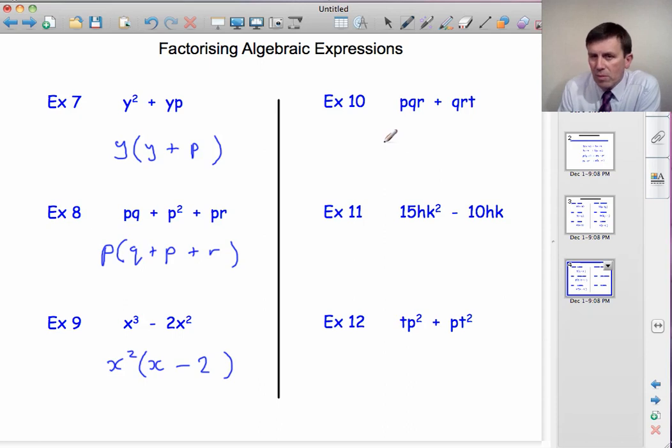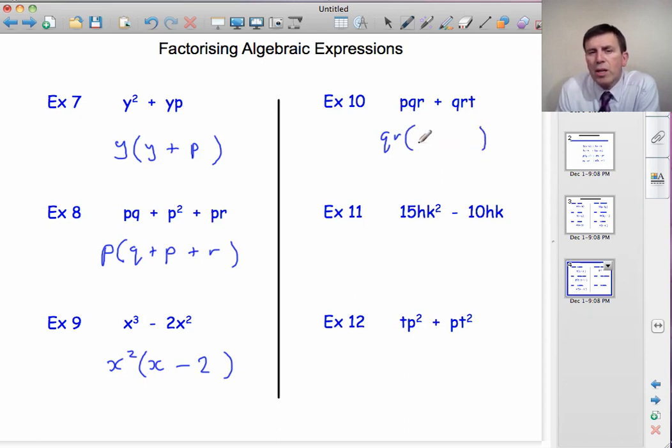Example 10. pqr plus qrt. What's common to both? Well, the p isn't, because it's not in the second one. But q and r are both there in the first term and the second term. t isn't, it's just in the last one. So I can pull both q and r to the front and then rebuild the expression.